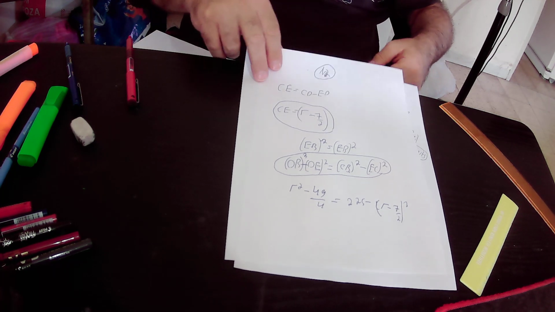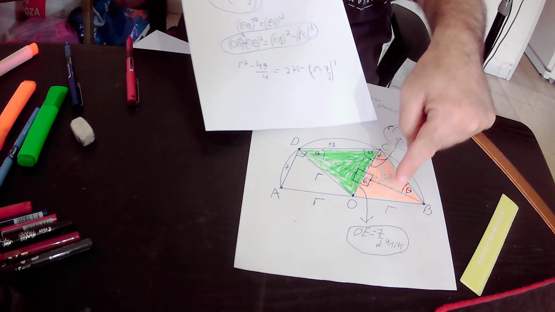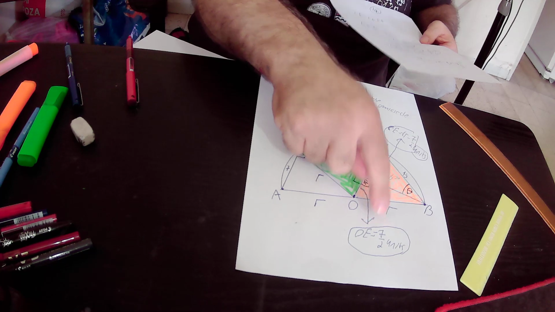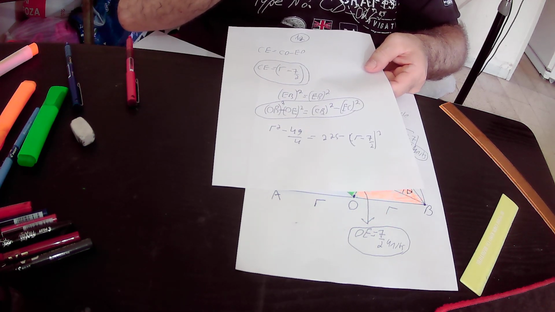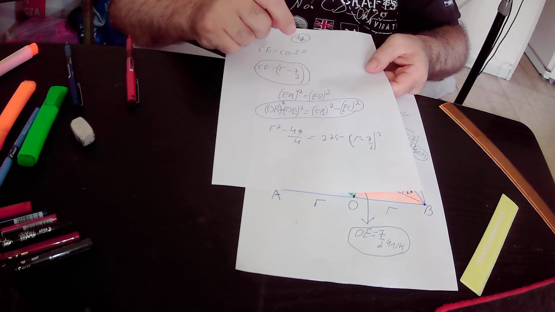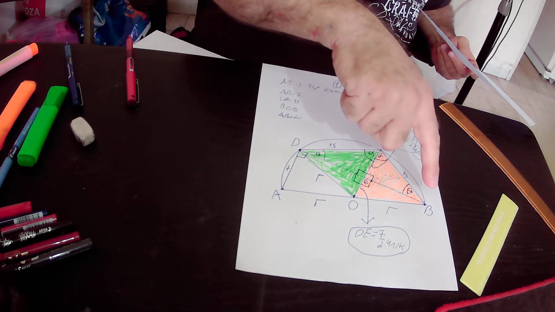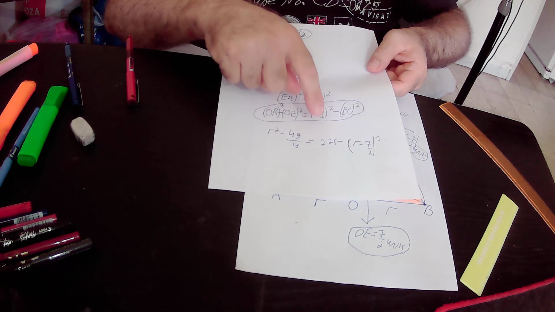But we know that OB equals R, and OE equals 7 over 2 units. So OE square will be equal to 49 over 4. CB equals 15 units, so CB square will be equal to 15 squared, that is 225.